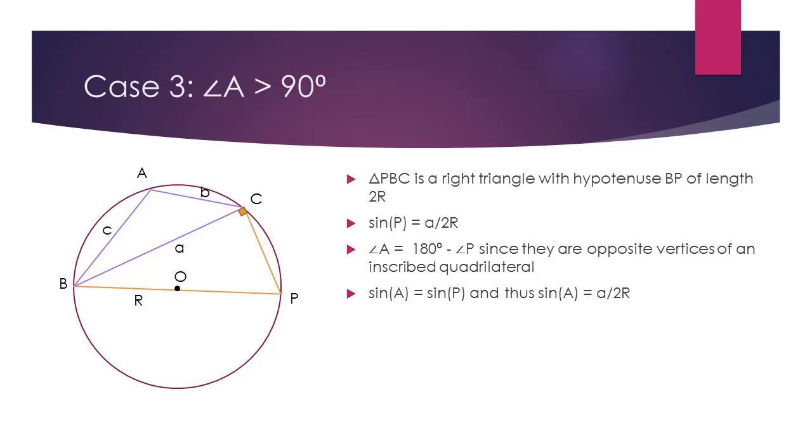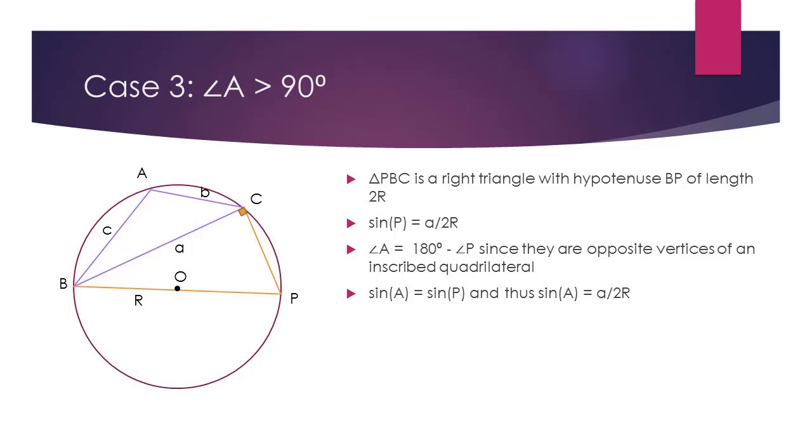So, we know that angle A and angle P are opposite angles of an inscribed quadrilateral. Therefore, we know that angle A plus angle P equals 180 degrees. But since they are supplementary, due to trig, if you plug them into sine, they're actually going to equal the same thing.